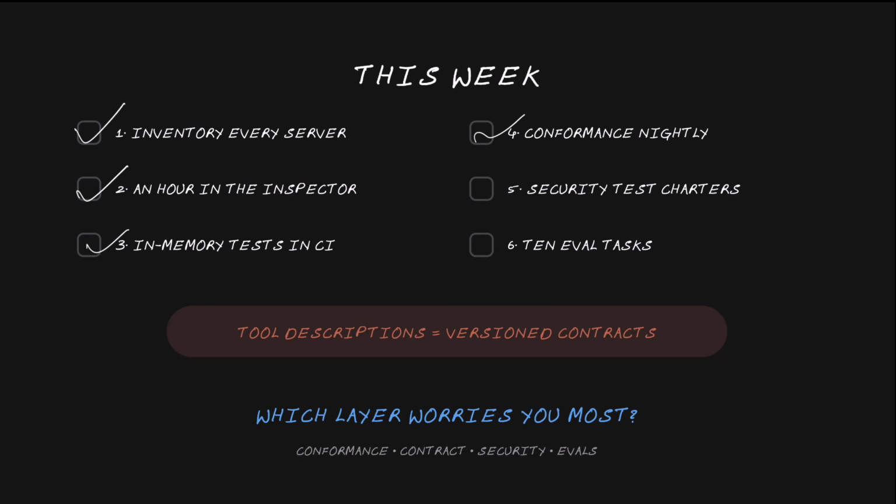Number 4 is conformance testing: have your conformance suite run nightly with a baseline file. Number 5 is security best practices. Refer to MCP's official security best practices and turn them into test charters. And number 6 is write a few realistic eval tasks and track the pass rate.